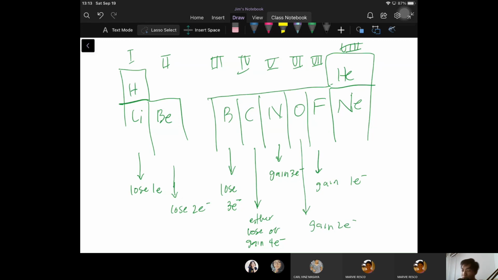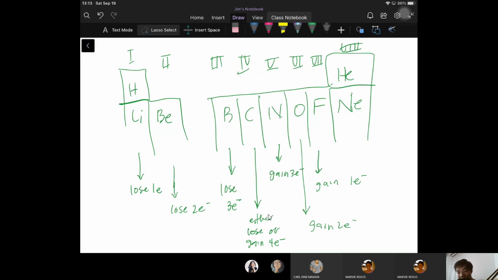Diba? Okay, so ano yung idea natin dito? No? So, the idea is that depending on the group number, may iba-iba silang tendency para maging stable. No? So, for the groups 1, 2, 3, they will lose electrons. For groups 5, 6, 7, they will gain electrons. No?